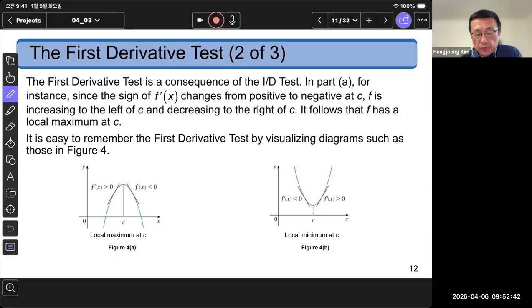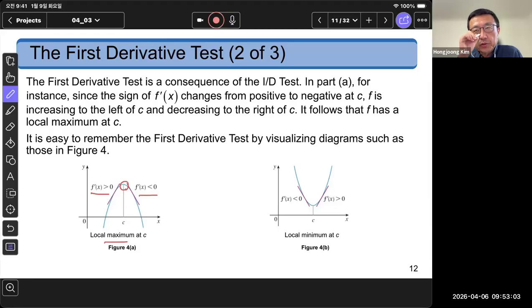So here's the figure for A. In figure A, f prime is positive to the left but negative to the right. That means your function changes from increasing to decreasing. Then at point C, you have a local maximum.